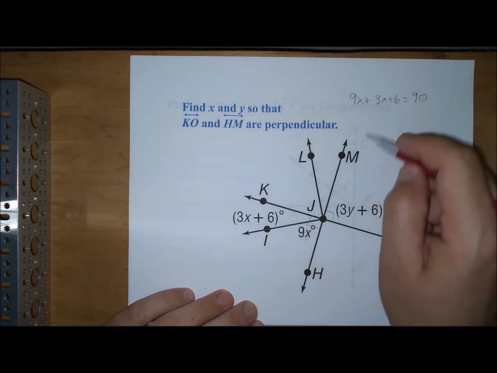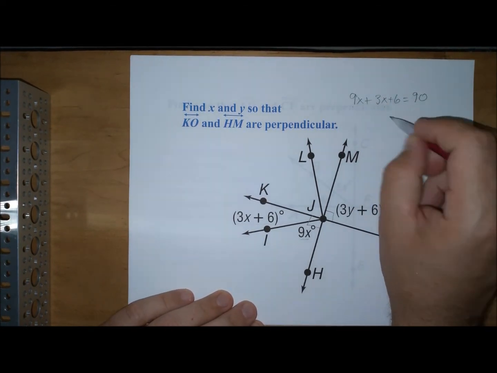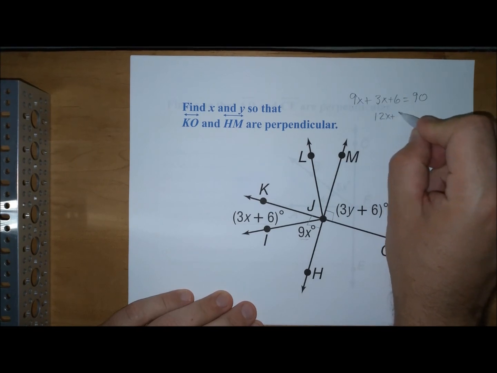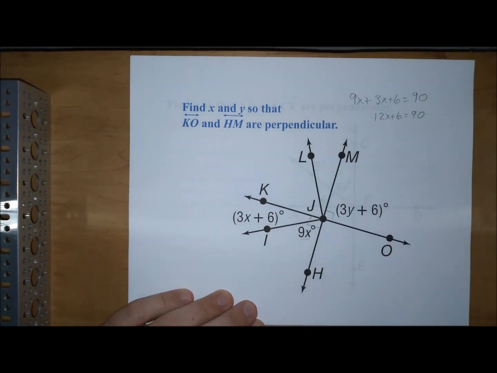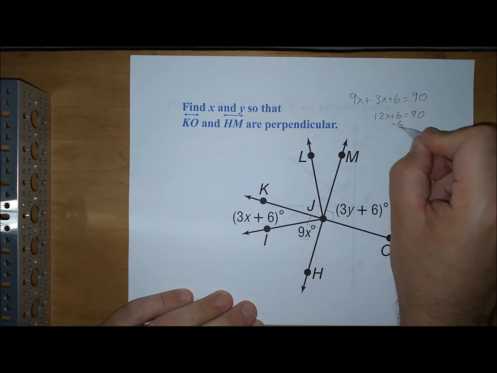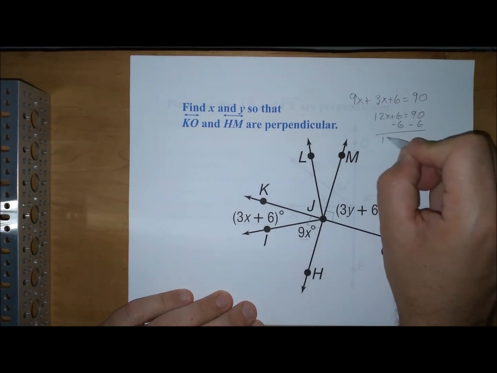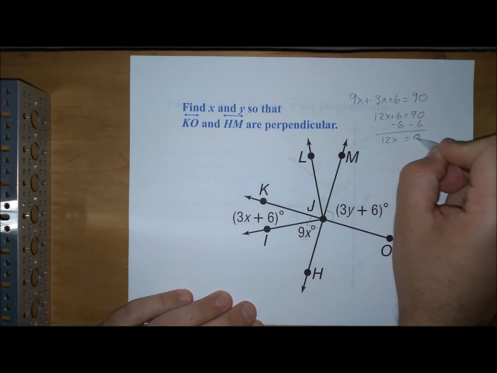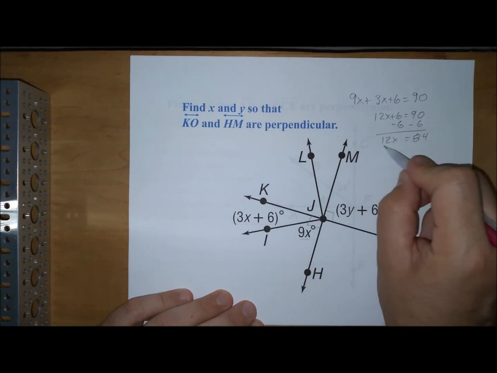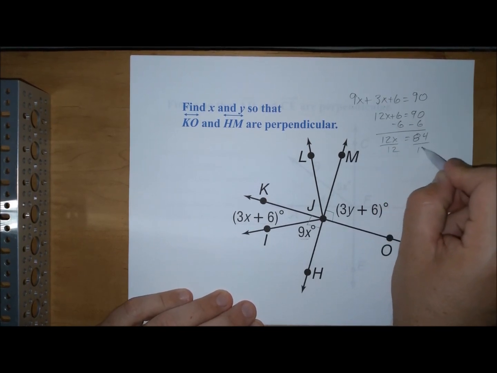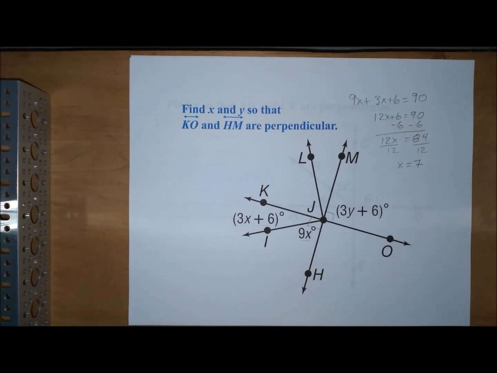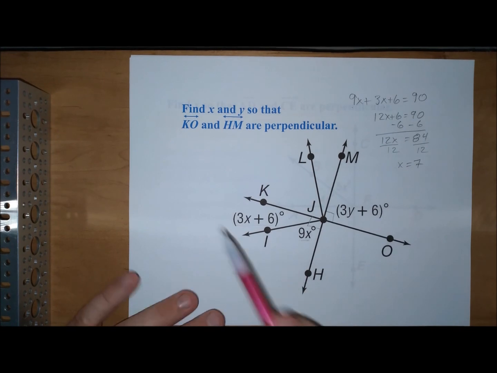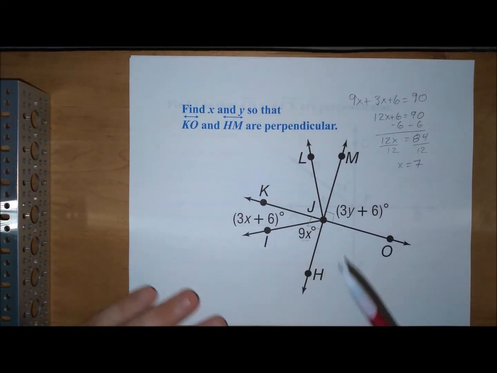And we can combine like terms here and solve this. 9x and 3x is 12x plus 6 equals 90. I can subtract 6 from both sides, and I'll get 12x equals 84. I'll divide both sides by 12, and I get x equals 7. Okay, good. So if x equals 7, that would make KO and HM perpendicular.